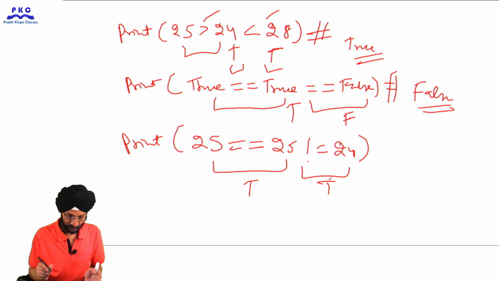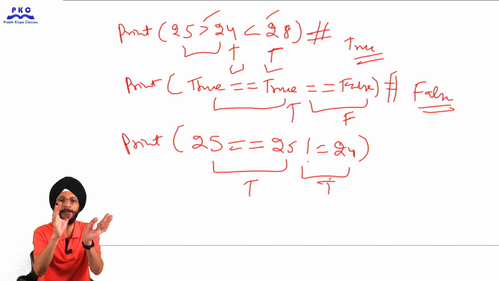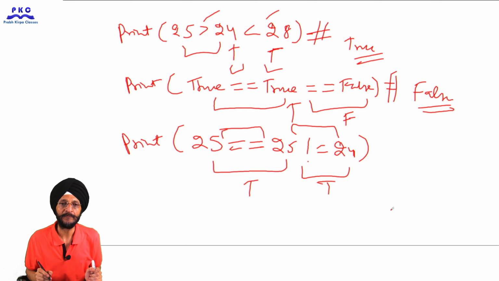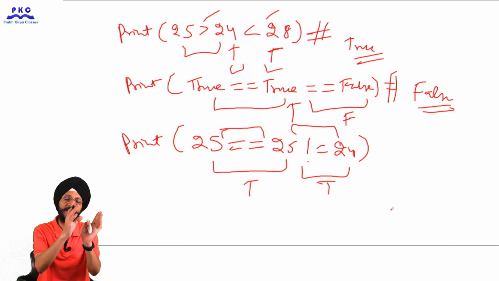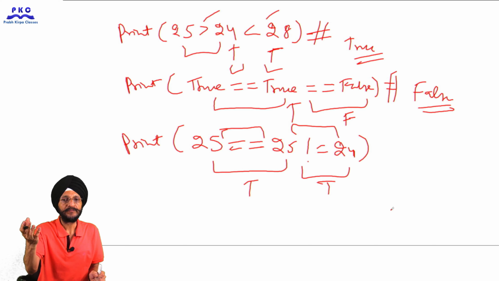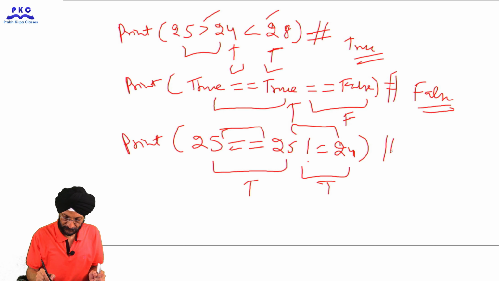It is true. It is also a chained comparison. This is the first comparison. This is the second comparison. Two comparisons are there. So in case of chained comparison, only if both the comparisons are true will the final outcome be true.